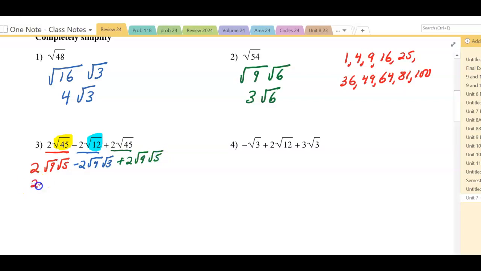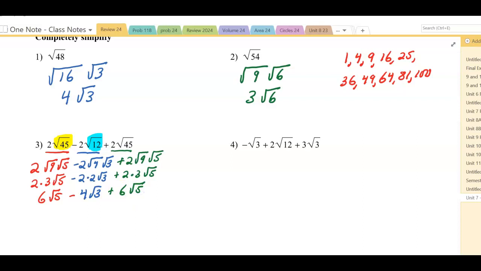Simplifying the red, it's 2 times 3 square root of 5. Simplifying the blue, it's minus 2 times 2 square root of 3. And simplifying the green, it's 2 times 3 square root of 5. So we have 6 square root of 5 minus 4 square root of 3 plus 6 square root of 5.